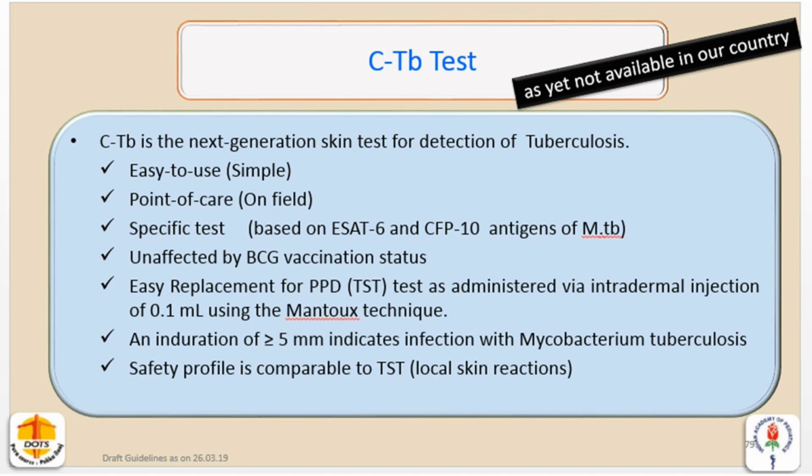The antigens we are using are very specific for MTB. So if this test is positive, it tells you infection by MTB, and not by BCG or environmental mycobacteria. This test currently is not available in India, so we are not able to use it, but it is available abroad and apparently the results are very, very good.